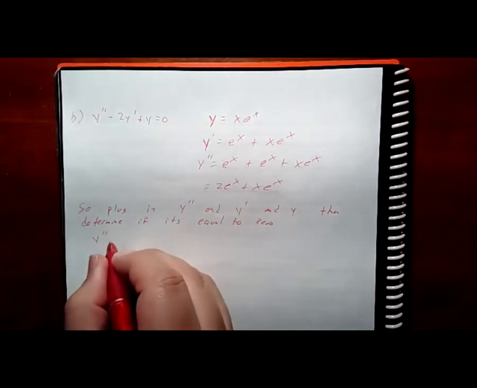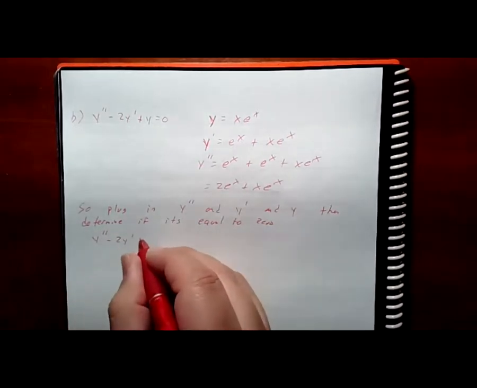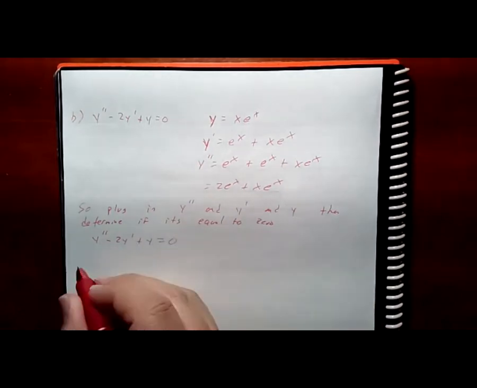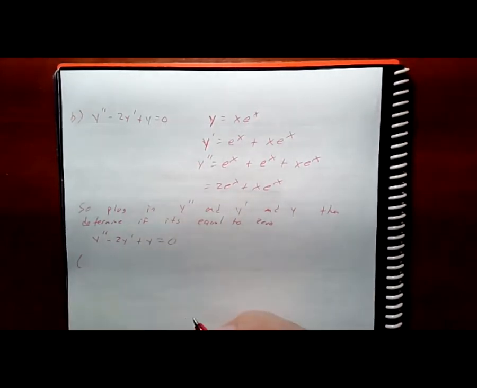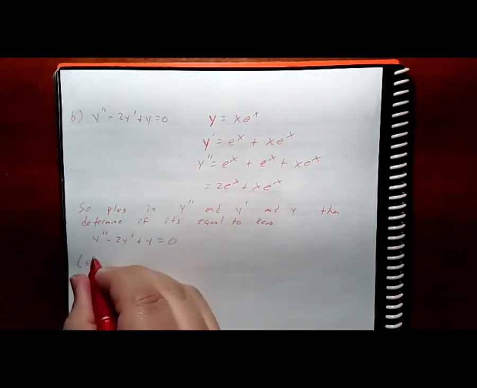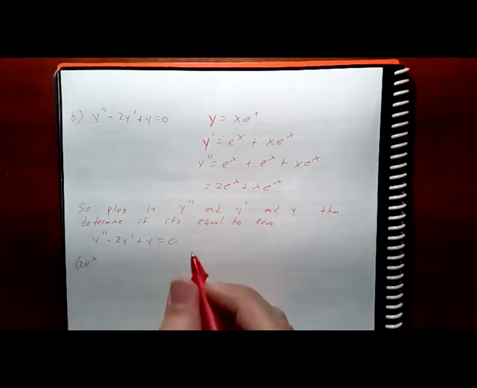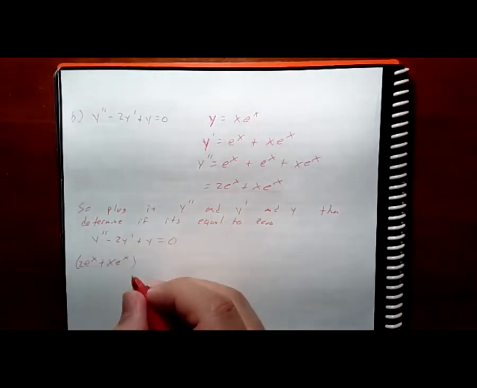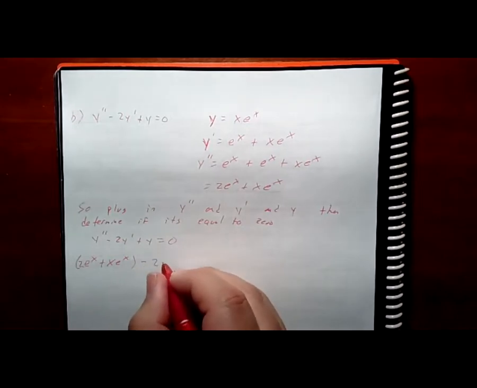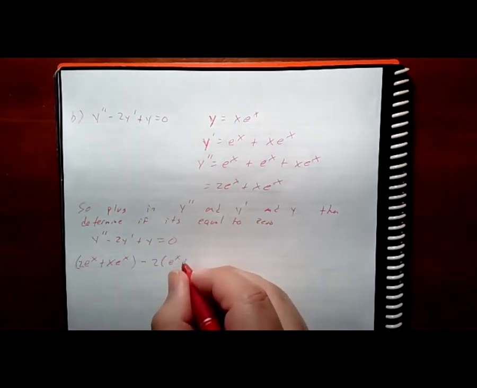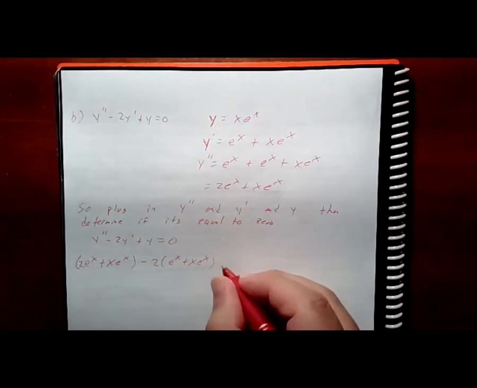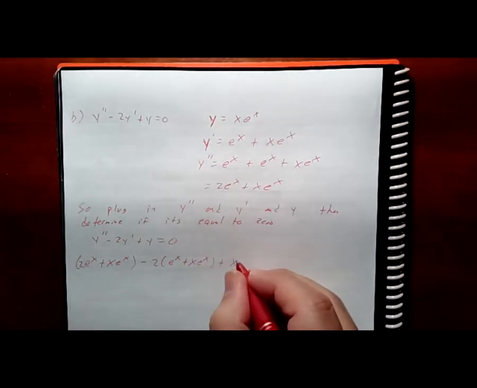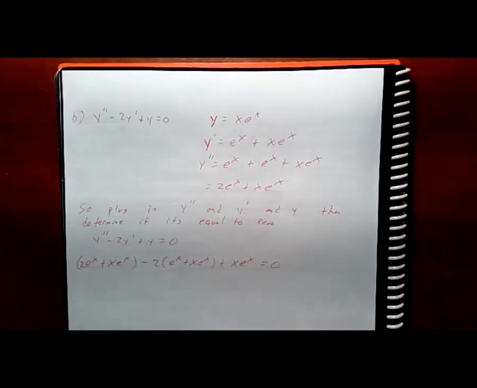So here we go. So double prime was this guy, 2, minus 2 times this. Right, so I plugged in the y double prime, y prime, and the original y.